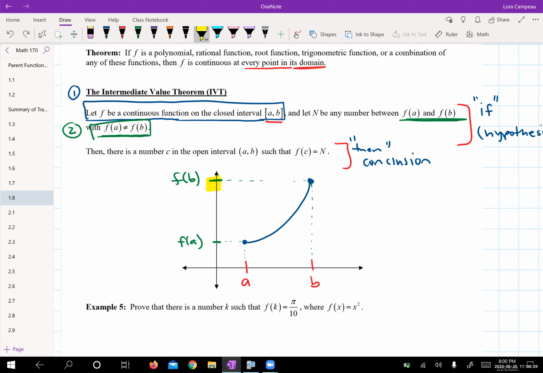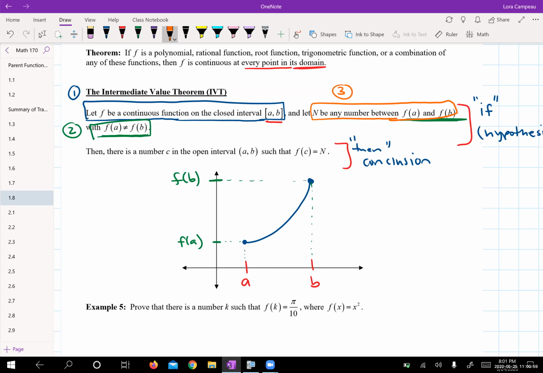One's bigger than the other. f of B is higher than f of A. With that criteria, what they're trying to set up is this n. What we want to make sure we're clear about is that n, I'll do this in orange, should be any number between these values. So maybe I'll look at that third criteria.